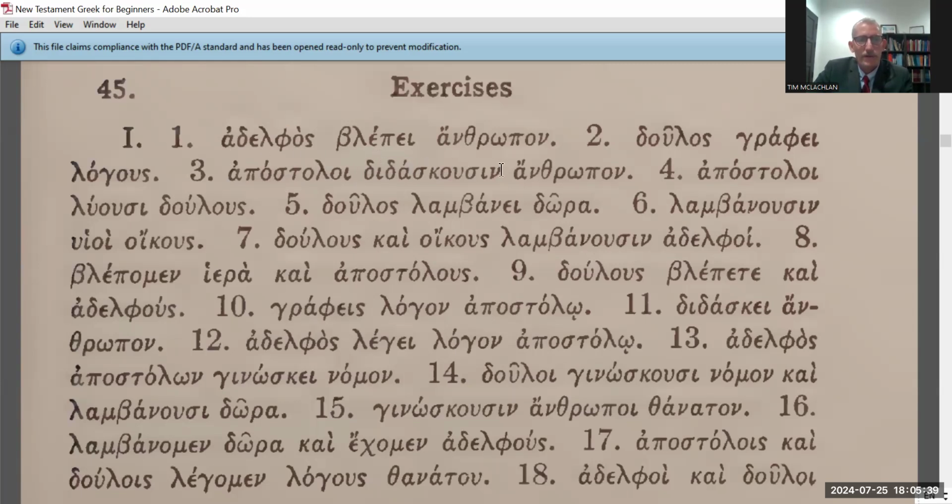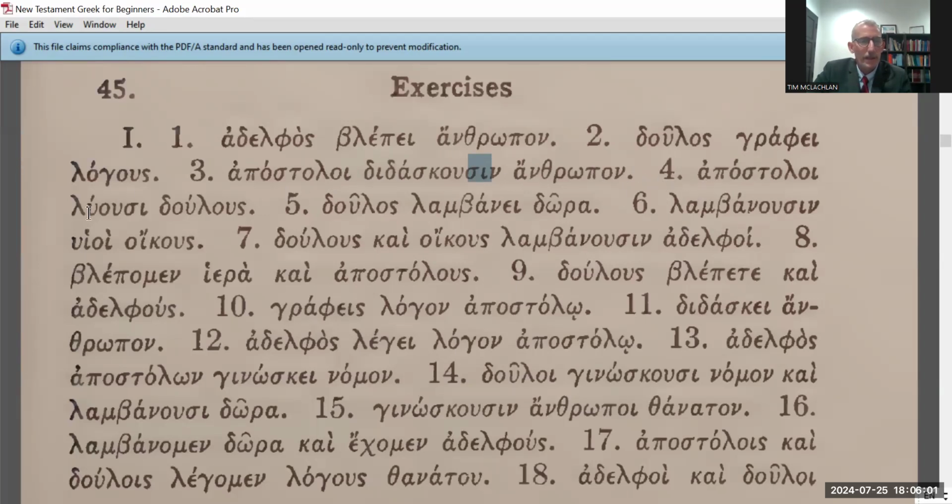And didaskusin, they are teaching, but we just say teaching. And we know it's third person plural because of the ending here. So the apostles are teaching a man, and then you have the accusative there by itself. Okay, so apostles are teaching a man.